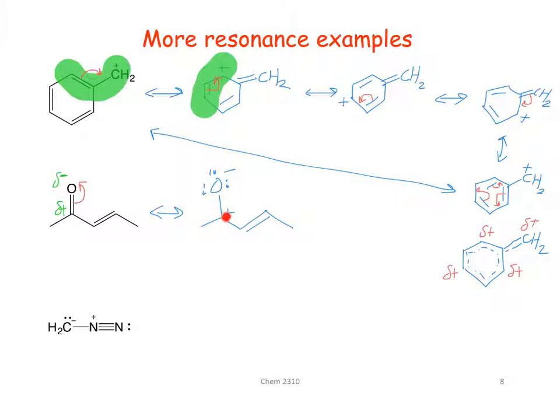We have a plus on this atom next to the pi bond. So that's the same situation we had up here. So we can move this pi bond down like this, and it gives us this resonance contributor. The plus here and a minus over here.